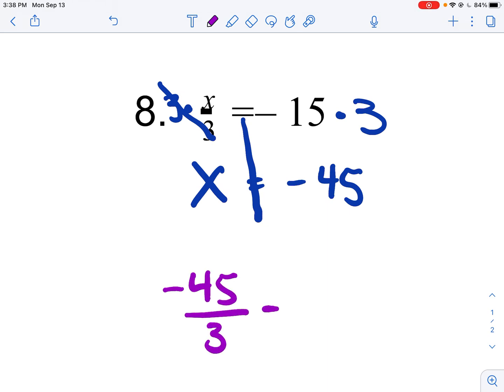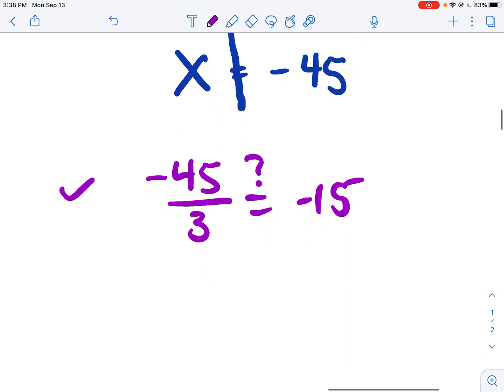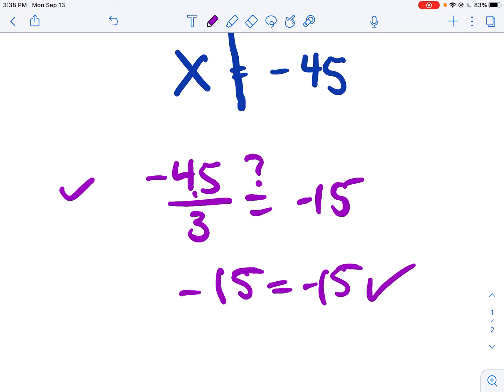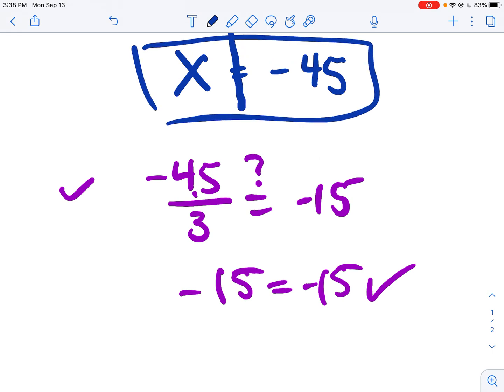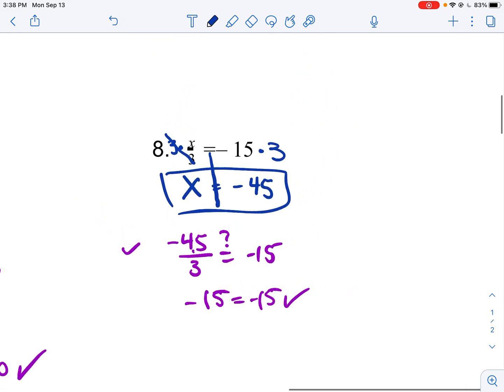Negative 45 divided by 3, does that equal negative 15? Negative divided by a positive is a negative. 3 into 4 is 1 with 1 left over. Look at that. Negative 15 equals negative 15. So I do have the correct answer.